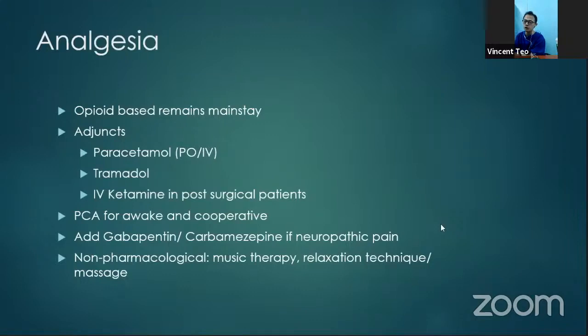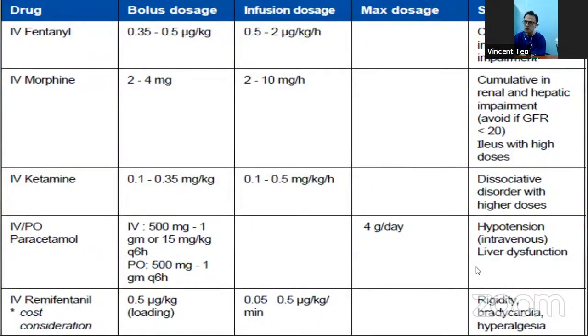However, the use of PCA or remifentanil may not be that feasible in our COVID setting. So all in all, it falls back to morphine and fentanyl, and the use of adjuncts such as paracetamol and tramadol.